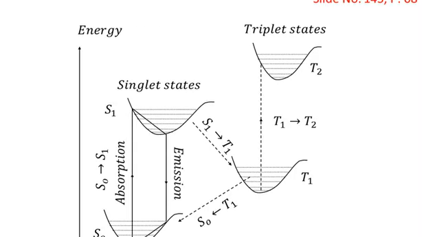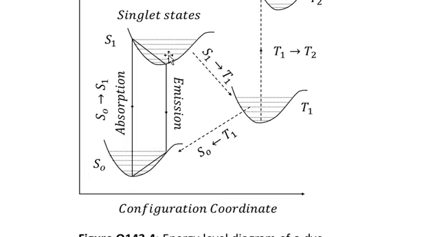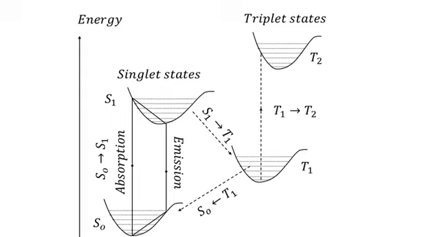Due to the intersystem crossing, there is a loss of population inversion. Some transition takes place from S1 to T1, so some population will be available in T1, and that population is raised to the T2 state due to the laser photon being absorbed by this transition.